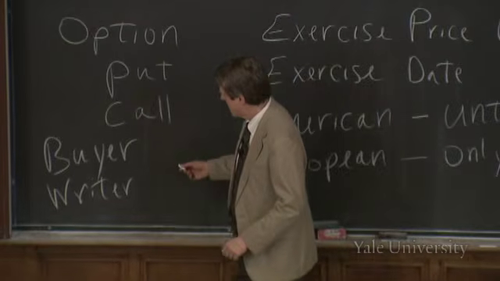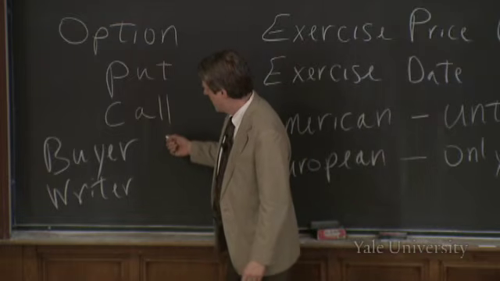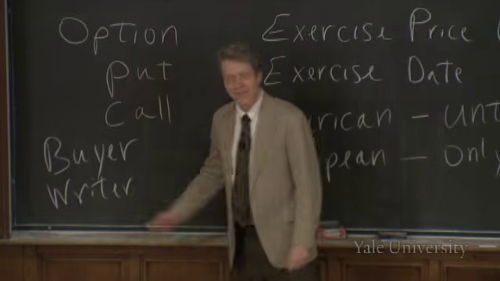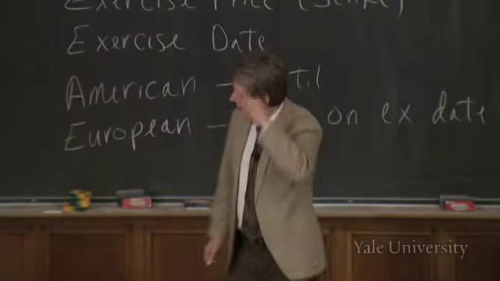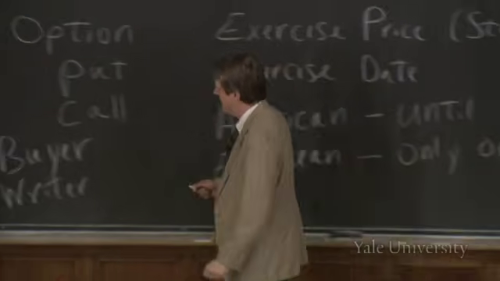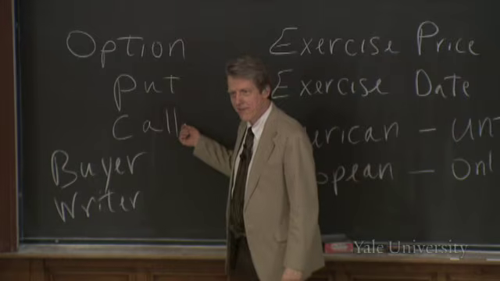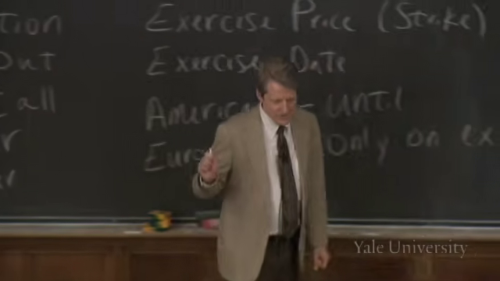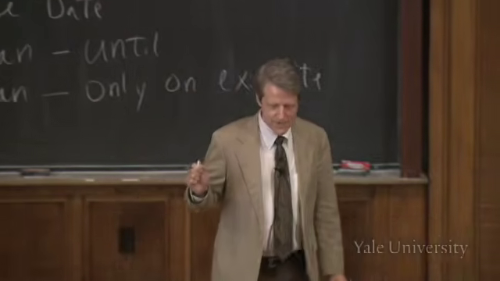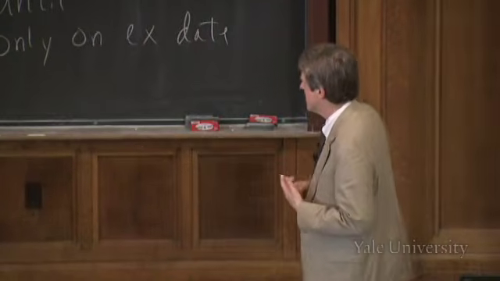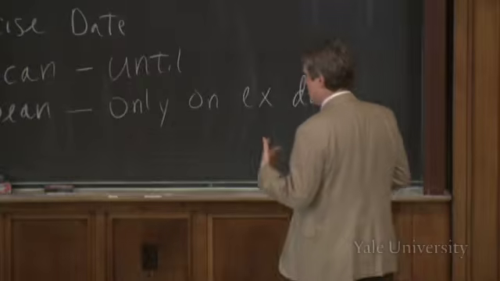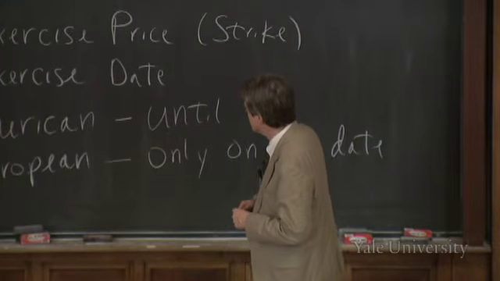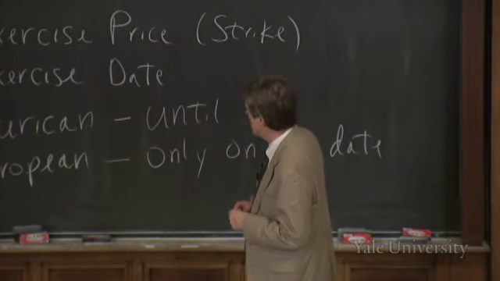Okay, so if you make this clear, if you write a call option, then what you are committing yourself to do as the writer, you sign the contract from the writer's contract, which goes along with the buyer's contract, which provides rights to the buyer.